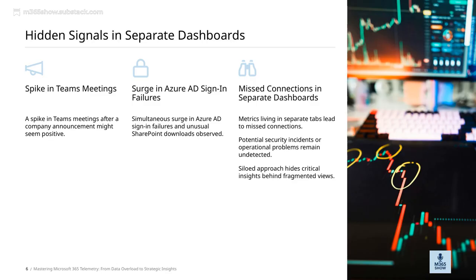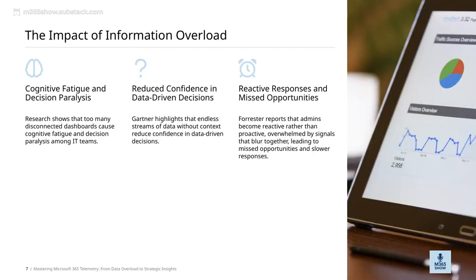The key takeaway here is that isolated data points limit our ability to see the full story. To truly master Microsoft 365 telemetry, we need integrated views that reveal these hidden signals, helping us turn data overload into strategic insights.